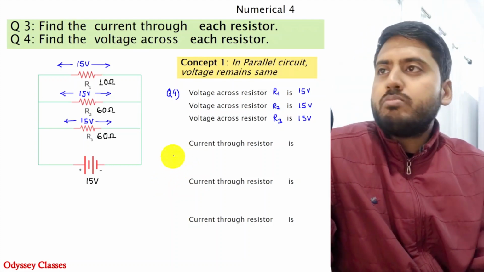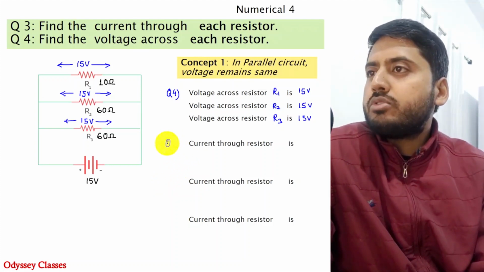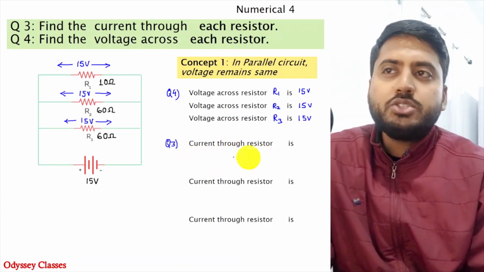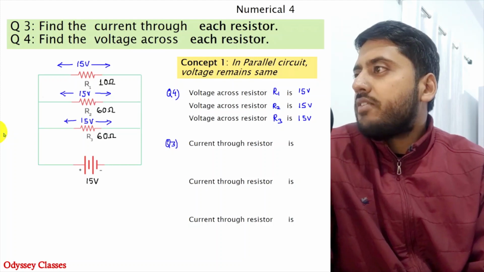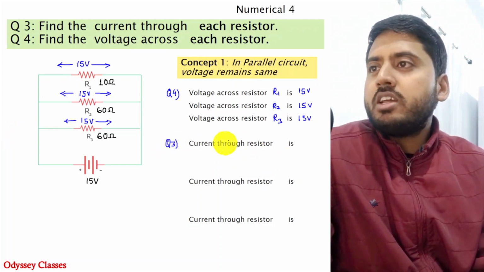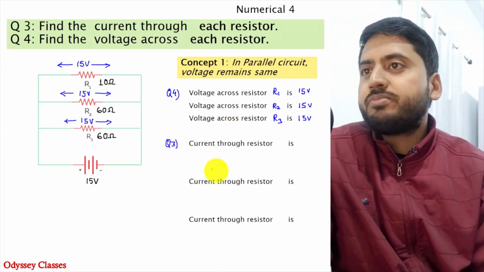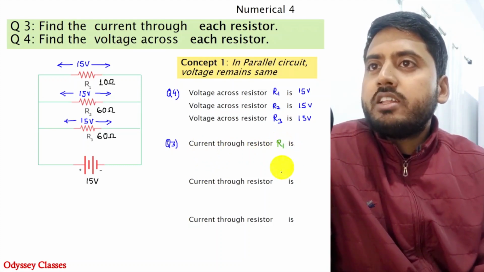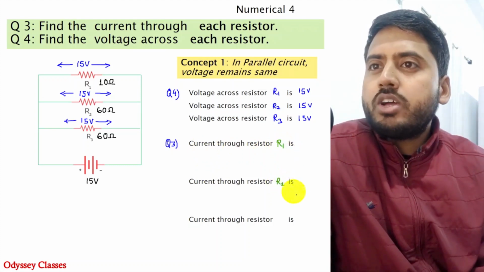Now let's move to question number 3, and that is to find the current through each resistor. Since I have explained this in the previous numerical, I'm going to run fast here. So current through resistor R1, then through resistor R2, and then through resistor R3.